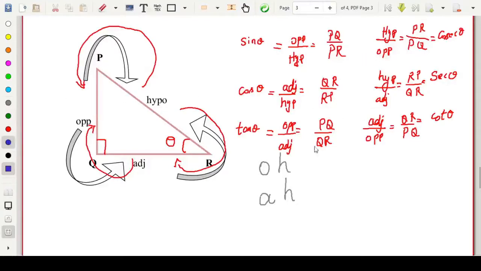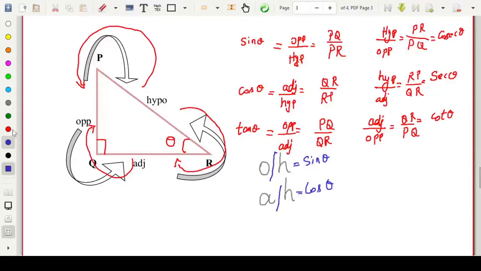Yes, it's very simple. We know that sine theta is nothing but opposite by hypotenuse. Next, cos theta is adjacent by hypotenuse. Now what about tan theta?